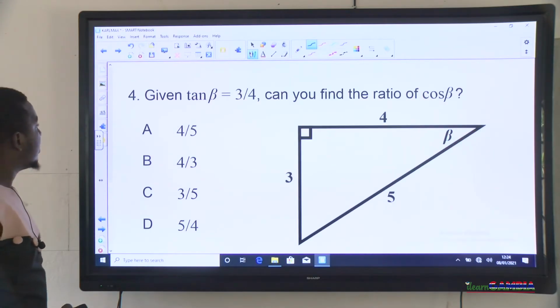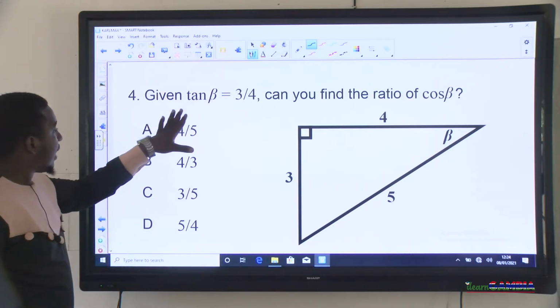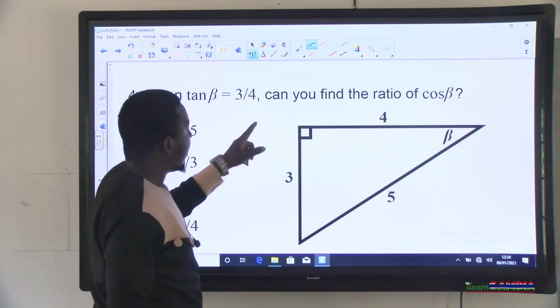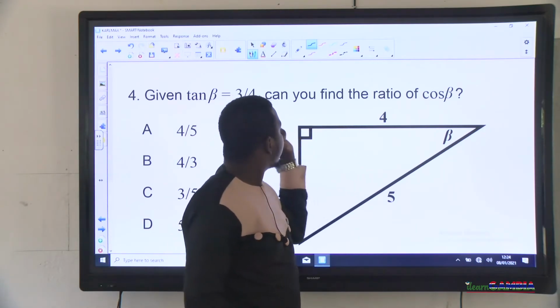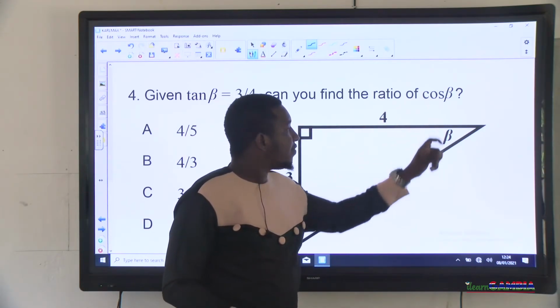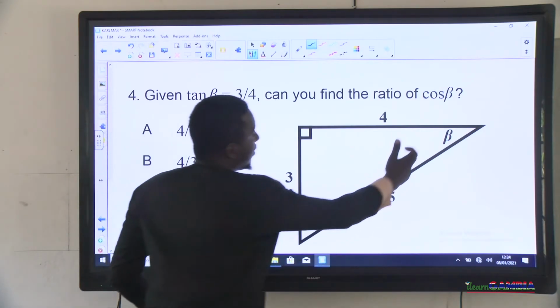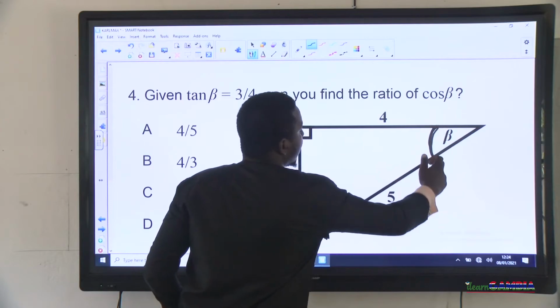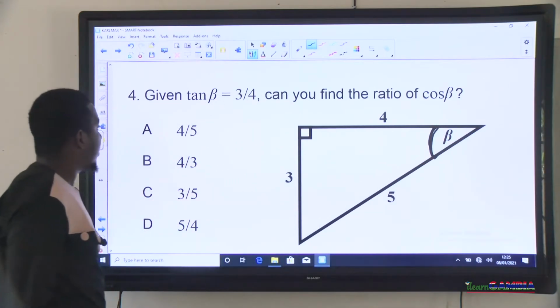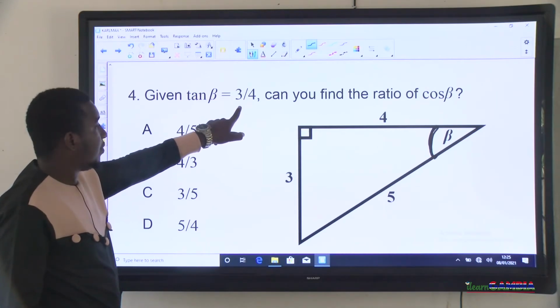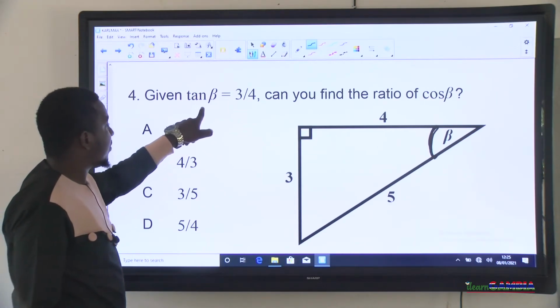Okay, here it says, given that tan beta is equal to 3 over 4, can you find the ratio of cos beta? Our reference angle is beta. We are told that tan beta is equal to 3 over 4.